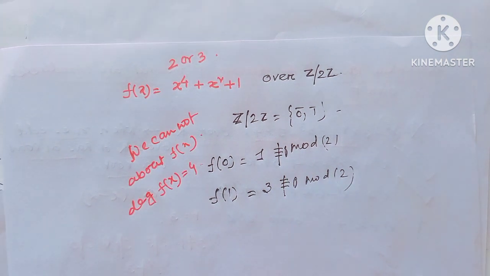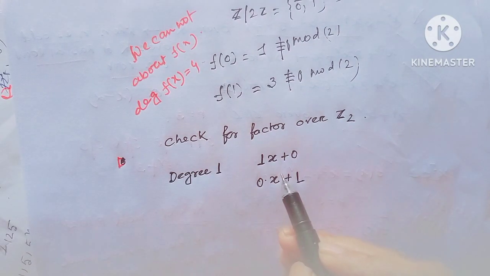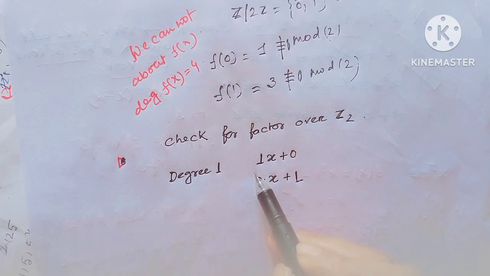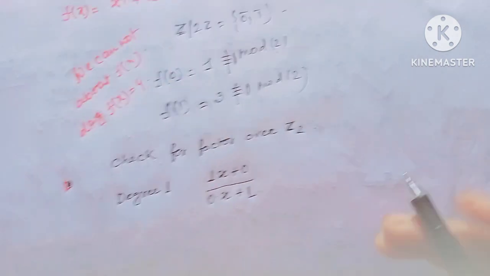Notice for factors over Z2, the degree 1 polynomials are x plus 0, that is x, and x plus 1.